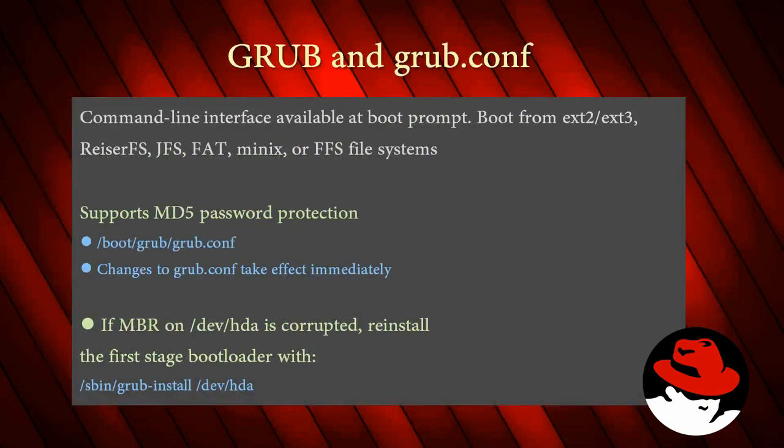Then there comes the Grand Unified Bootloader or GRUB, which is located in the file called grub.conf. GRUB is a command line bootloader, the default bootloader for Red Hat, which is very powerful and can load multiple operating systems at the same time.